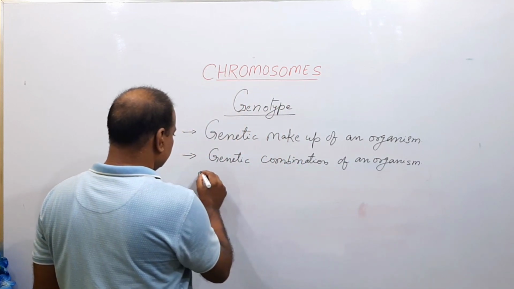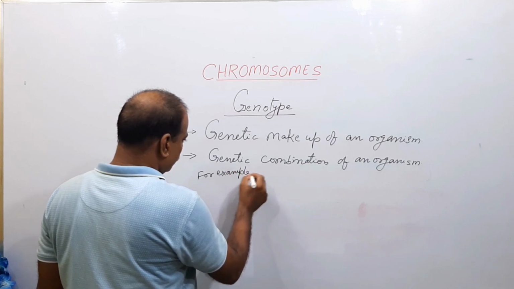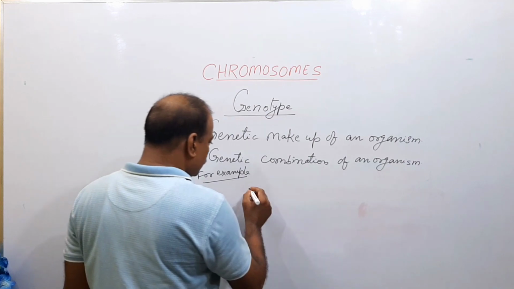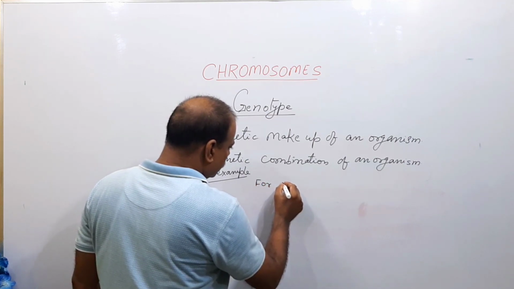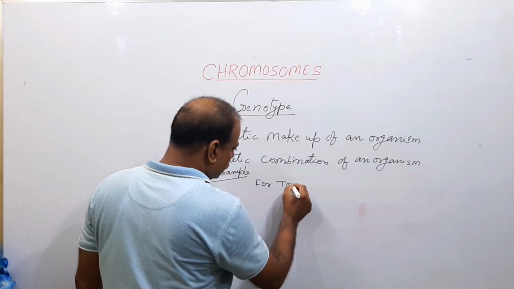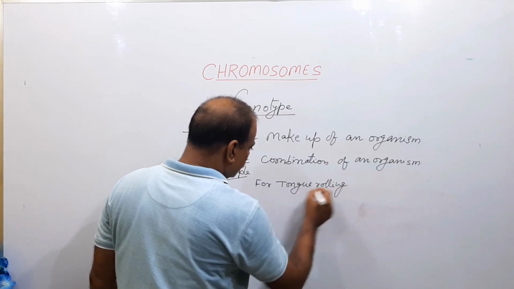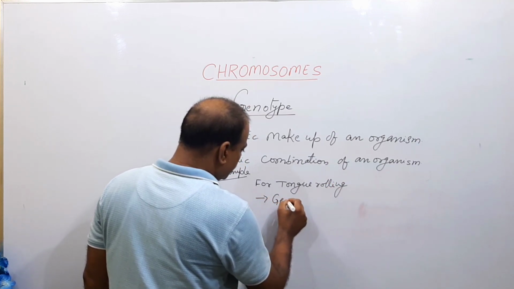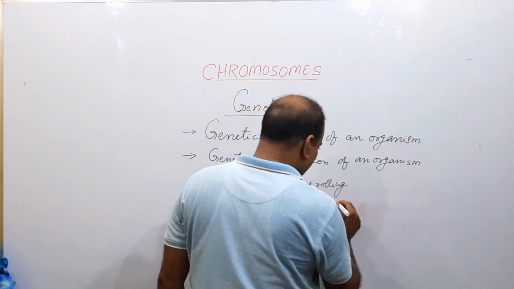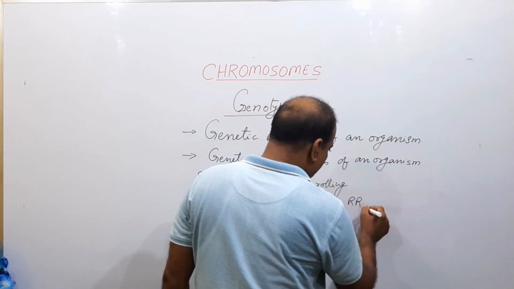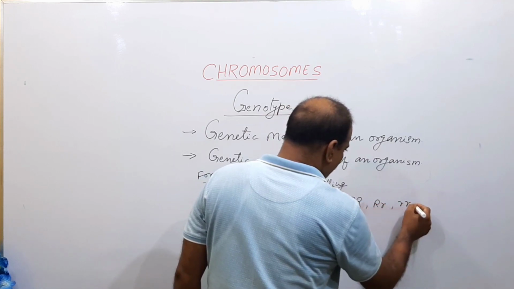For example, here for tongue rolling, genotype is capital R capital R or capital R small r or small r small r.